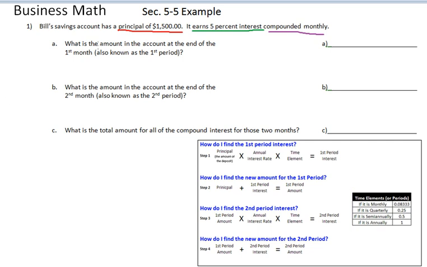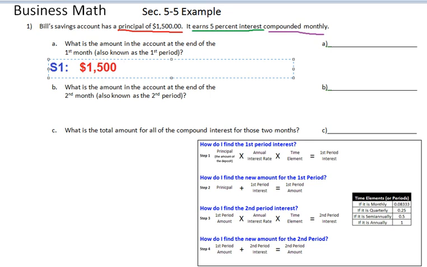First things first. What is the amount in the account at the end of the first month, also known as the first period? How much money does he have in the bank at the end of the first period? To do this properly, we start with step 1. Once again, we need the principal, the $1,500 underlined in red.